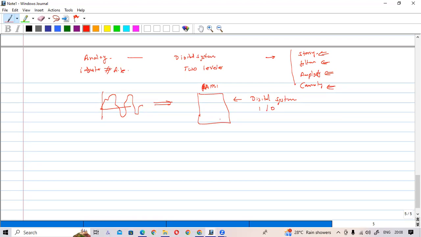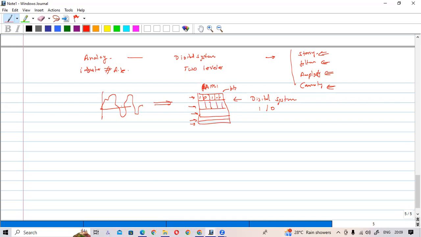If you consider a RAM, there are many memory locations. This is one memory location, this is another, and each memory location will have several bits. Bit means these voltage levels. So you can store here 1 0 1 0 like this.